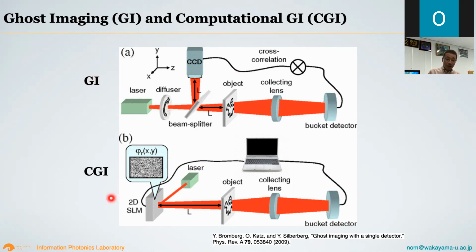Computational ghost imaging is very useful, and the optical system is very simple. So now almost all researchers use CGI. Ghost imaging is not so common nowadays. CGI is very popular.